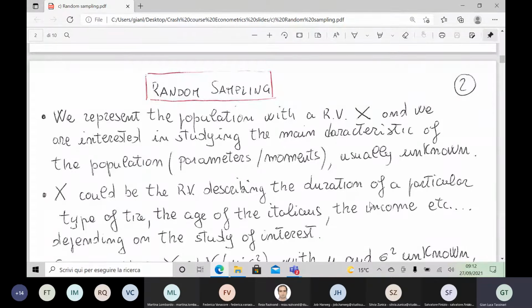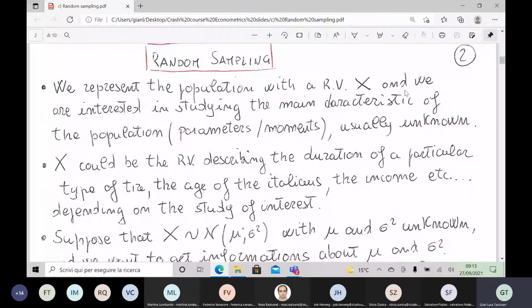But in general, very simply, in statistics, we say that the population follows a given distribution described by the random variable X. So X is a random variable describing the population, okay?